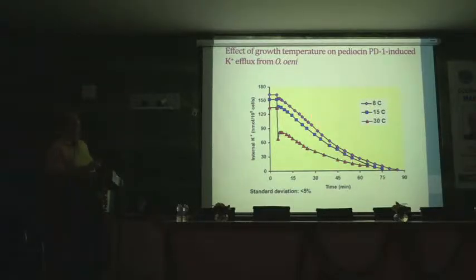In this case, we converted the results, and it was showing how we were detecting outside, but then we recalculated, and it was showing how the potassium inside the cells is disappearing in 1.5 hours at different temperatures in the presence of the bacteriocin, just using a simple electrode that measures the level of potassium. And you see when the Oenococcus oeni was exposed to the Pediocin PA1, potassium really disappears in 1.5 hours.